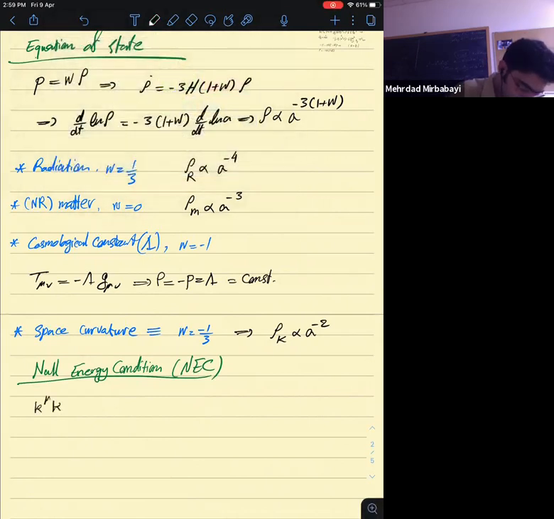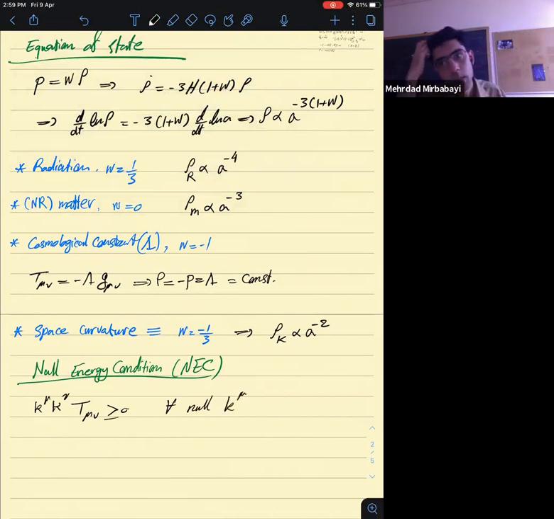k^mu k^nu T_mu nu has to be larger than or equal to 0 for all null k^mu. So now in particular, let's take this null k^mu. What would it look like?